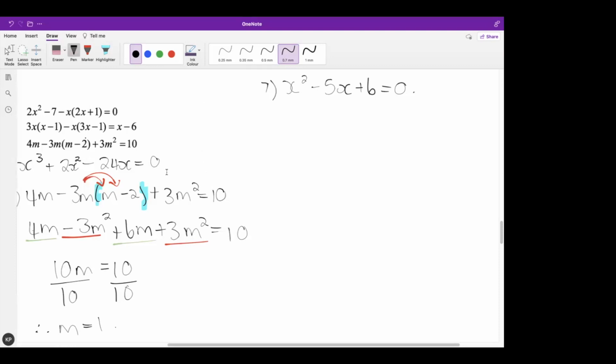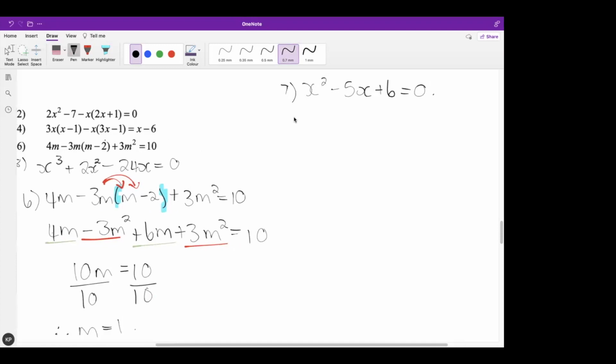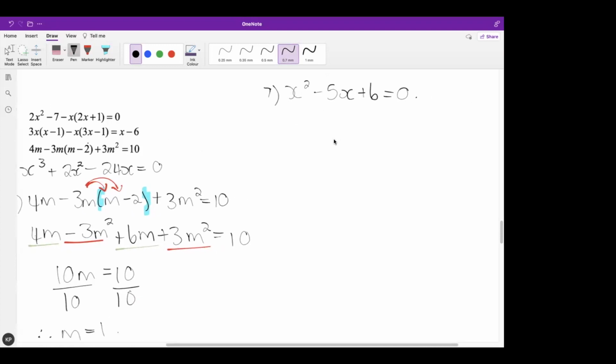If it's a trinomial, if I have an x squared and it is not disappearing, that is a big sign that I should probably be factorizing. So here are my 2 brackets. Let's get going. Step by step.